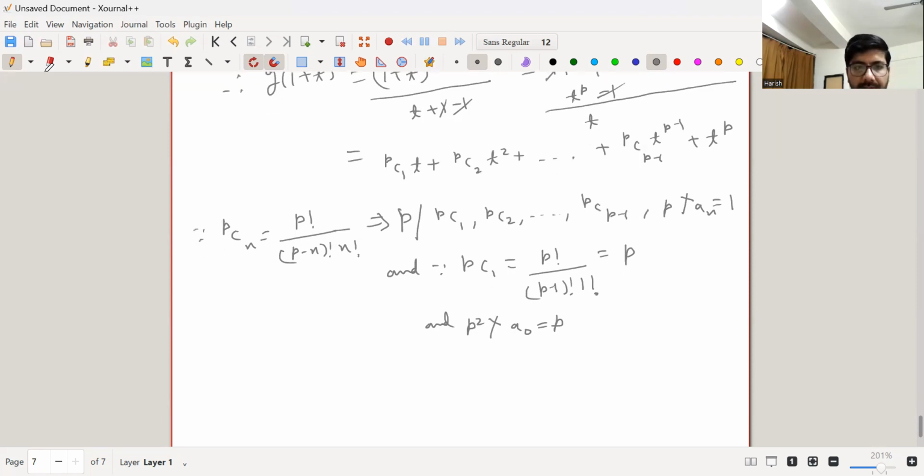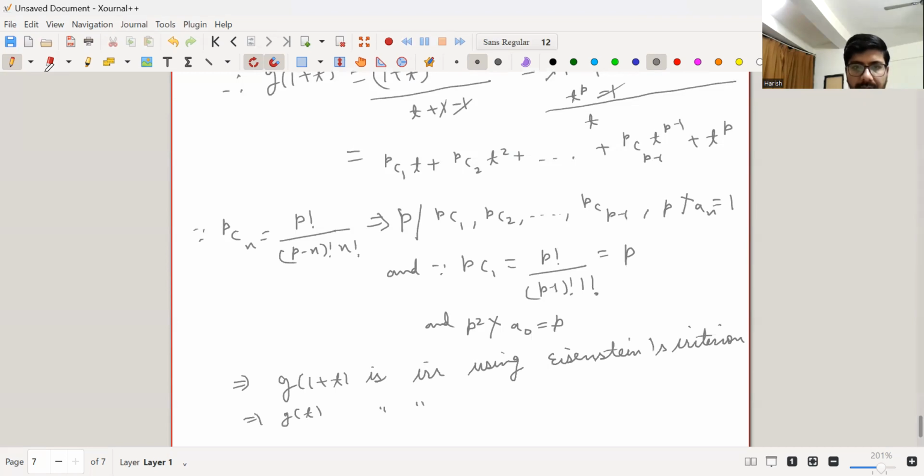This means g of 1 plus t is irreducible using the Eisenstein criterion, and hence g of t is irreducible.